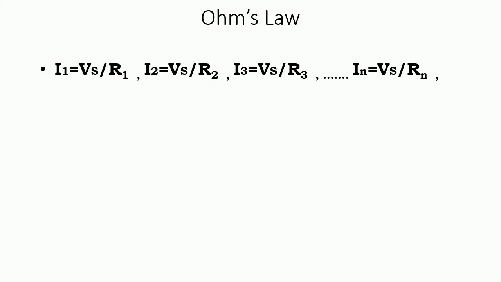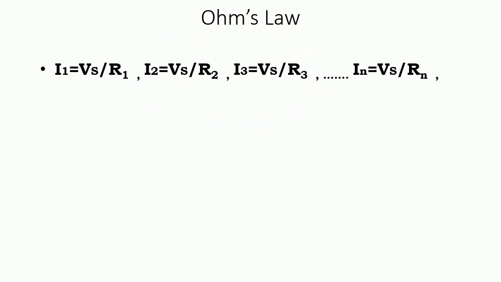So using Ohm's law formula, we can compute current, individual current as follows. I sub 1 equals V sub S, or supply voltage divided by R sub 1. I sub 2 is Vs divided by R sub 2. I sub 3 equals V sub S divided by R sub 3. And so on.